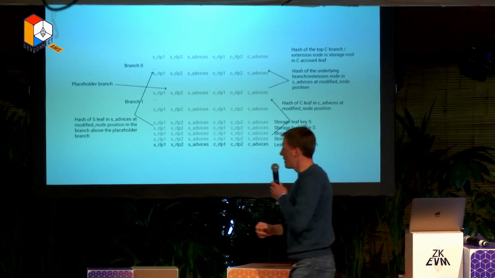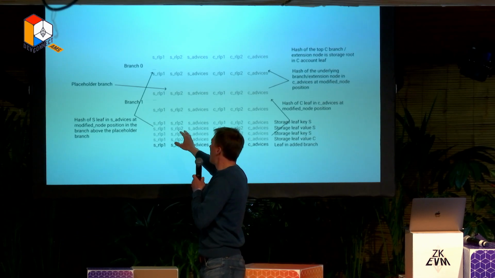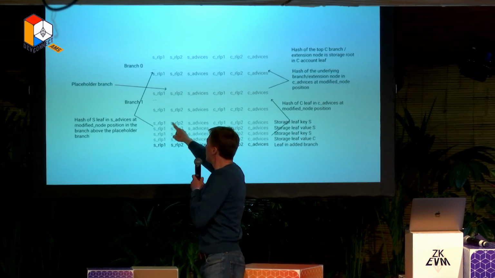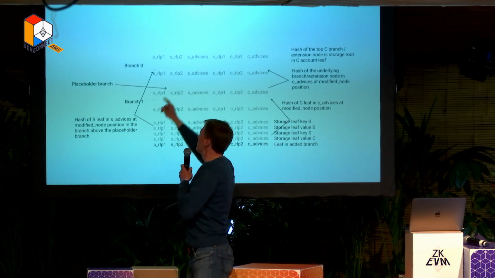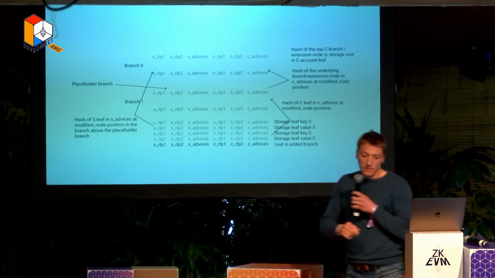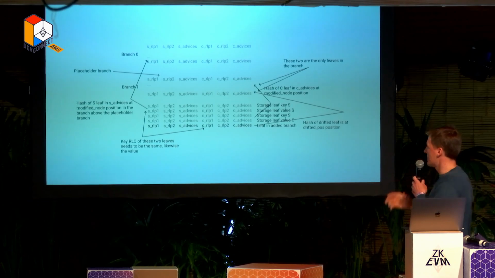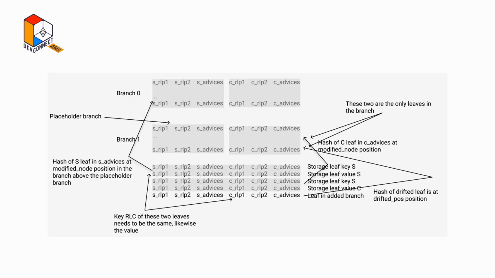But on the right side, the hash of this leaf needs to go one level above, so it needs to be there in branch 0. And there are some further constraints in these cases. So for example, it needs to be checked that in this branch there are only 2 leaves.